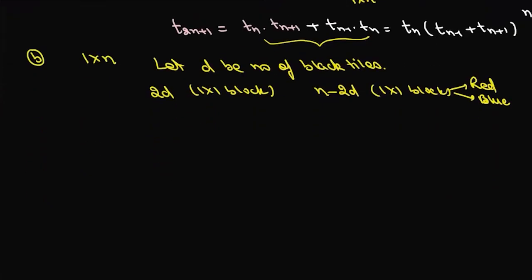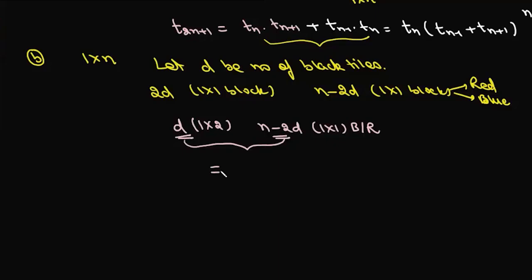So here we have d black tiles whose dimensions are 1 cross 2, and n minus 2d tiles of dimension 1 cross 1, which are either blue or red. We have to arrange these in a row.